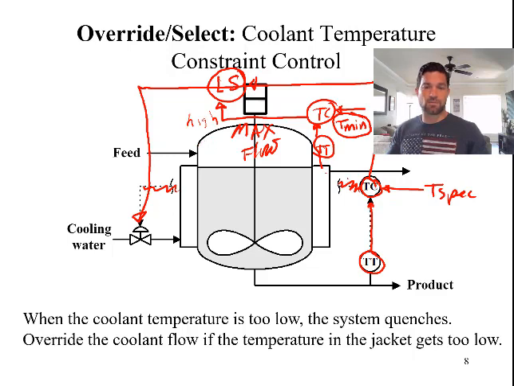As the temperature increases and asks for a flow of cooling water, at some point if the temperature of the cooling water gets too low, this controller is again going to be saying the maximum flow of cooling water. The product stream might want this to be higher than the maximum flow that would quench the reactor. Therefore, the override loop is going to take over. Okay, so that's how an override loop can be used to prevent the system from getting to certain constraints.